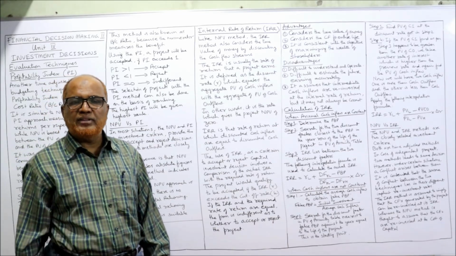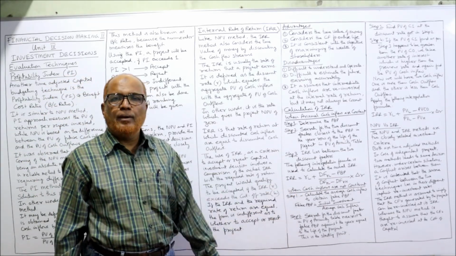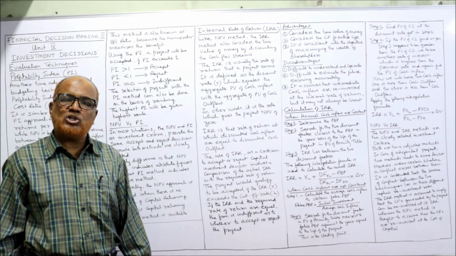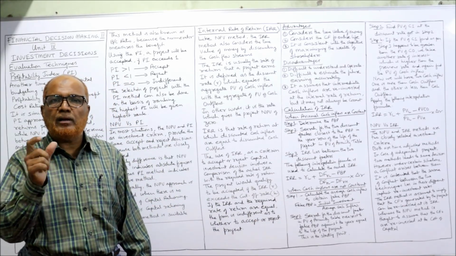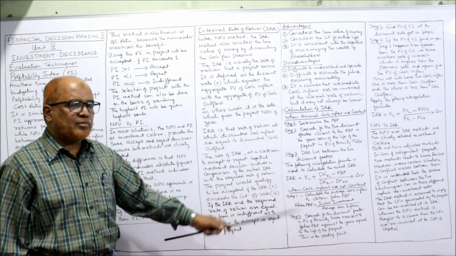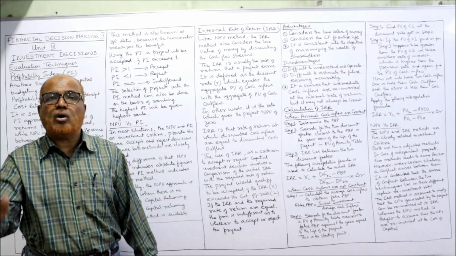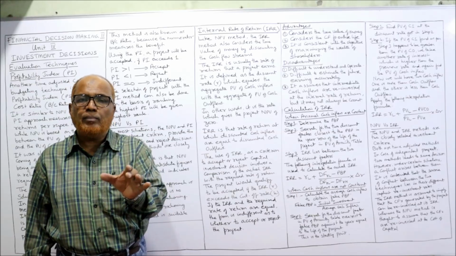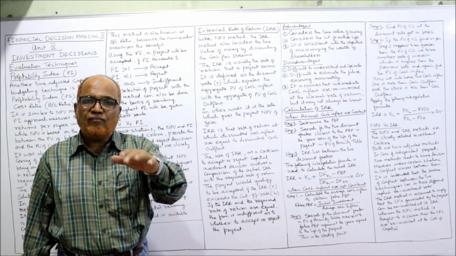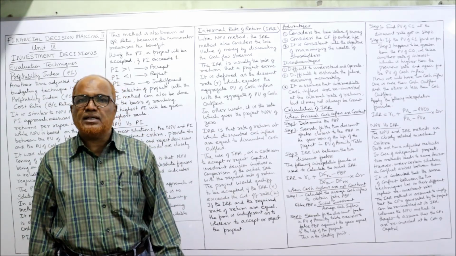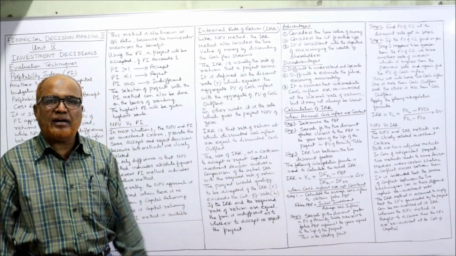The difference between the two rates is called delta R. By applying this interpolation formula, we can get the actual IRR. First method completed. For the second method, when the cash inflows are not constant, if in the problem you see the cash inflows are fluctuating, then the first method should not be adopted.